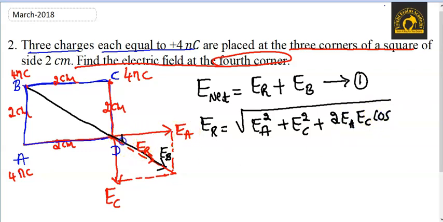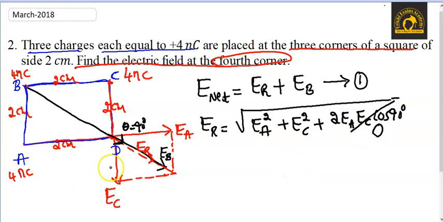What is the angle between EA and EC? The angle theta is 90 degree, so this is cos 90. What is the value of cos 90? Cos 90 value is 0.